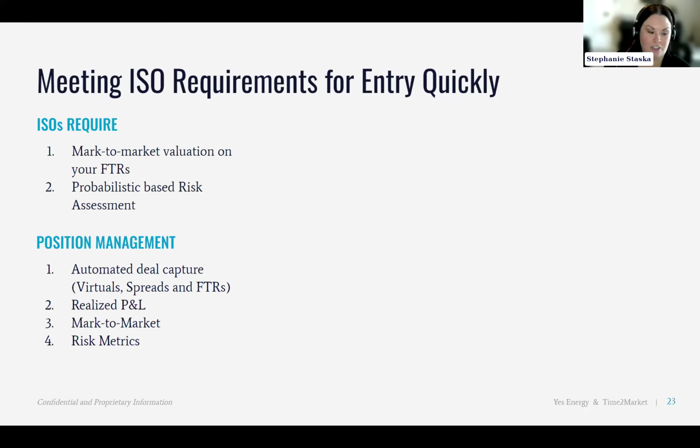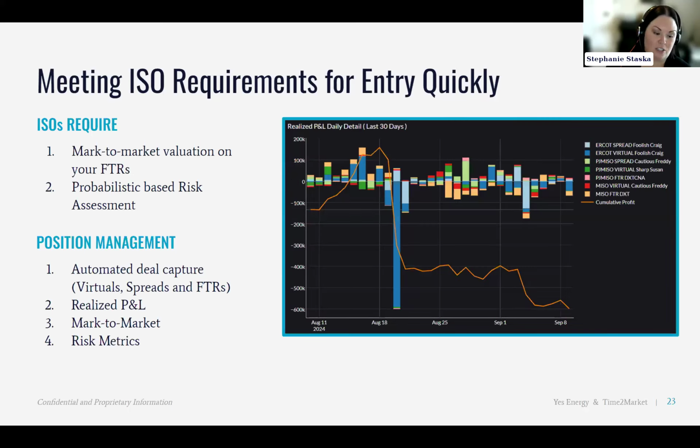At Yes Energy, we have something called position management. It is a solution intended to meet these requirements for you, so you can more quickly and easily enter these markets. We do automated deal capture of all these different trades we've been talking about today. We do the realized P&L, which you can see here on the right.